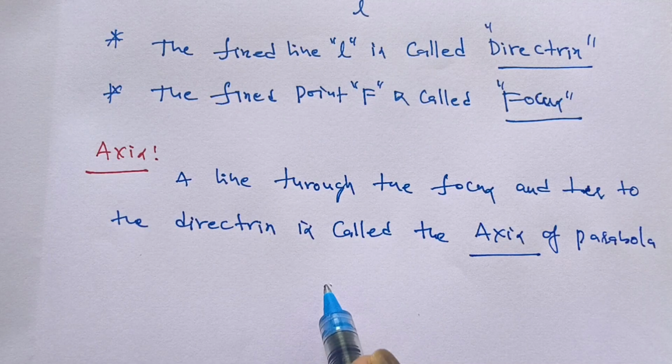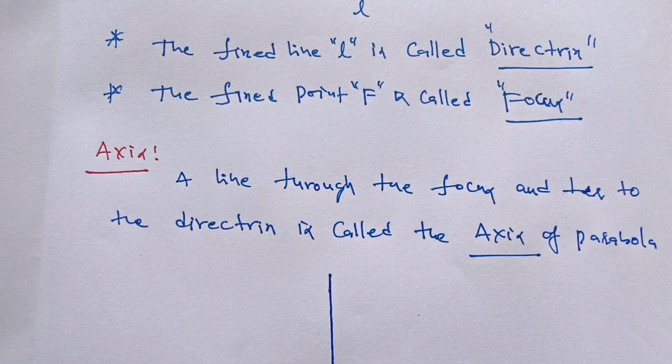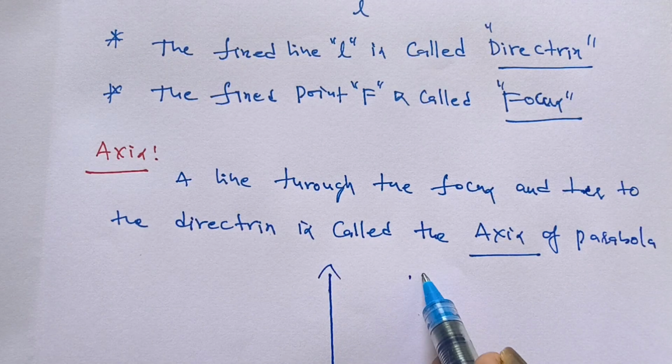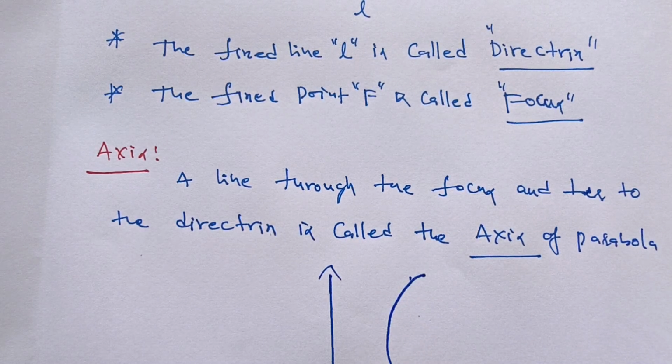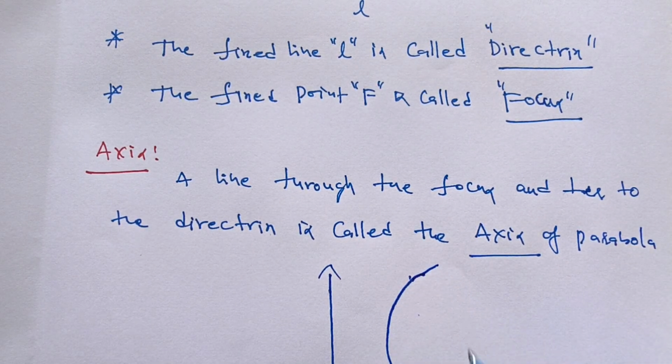Check the diagram here. Suppose this is the fixed line and this is the set of all points in a plane. This curve indicates the set of all points in a plane, which is a parabola.